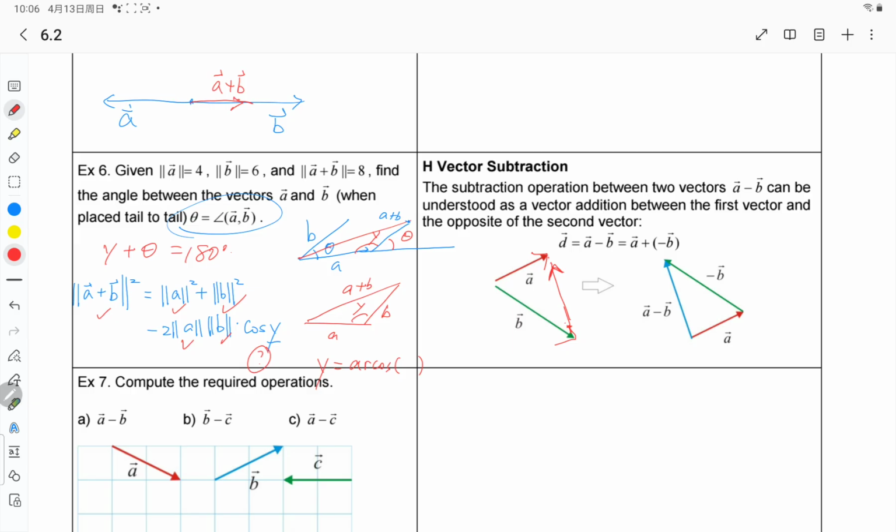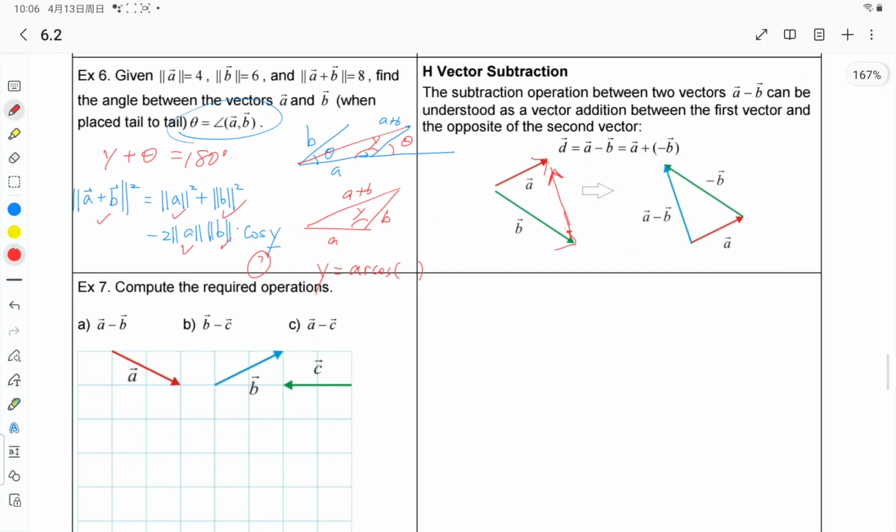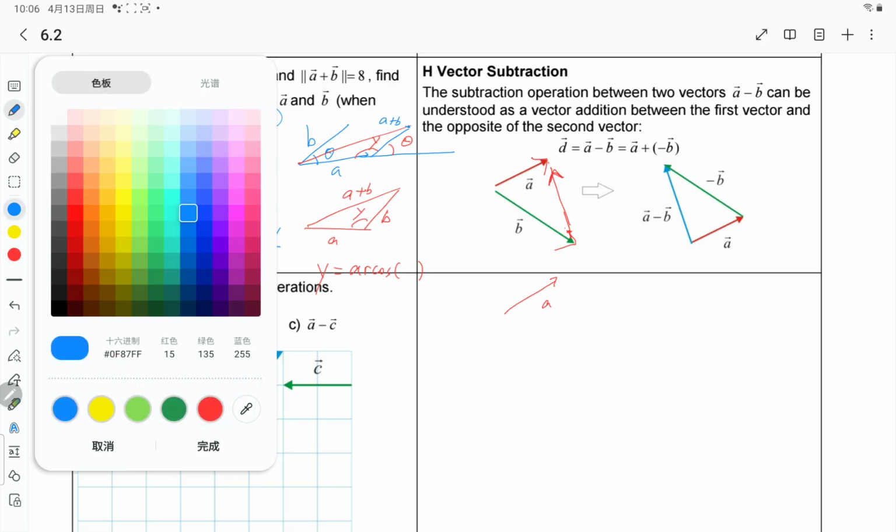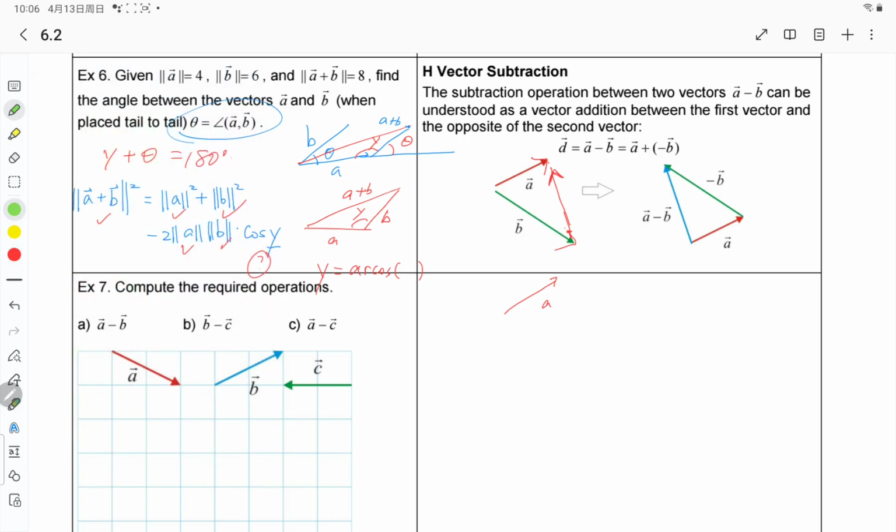But what you can do is that you can always move b around. You can draw a like this, going up, and then for subtracting b, b goes in the other direction, the other arrow, which is minus b. So it's a plus minus b, and then it looks like this.